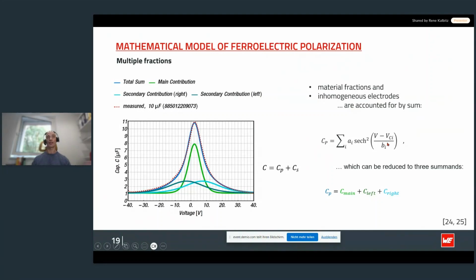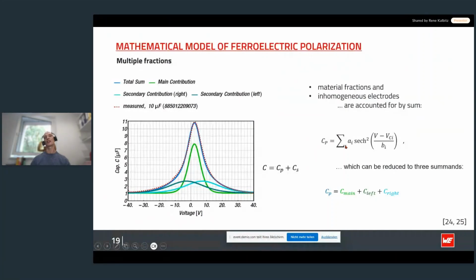Well, we could boil it down actually to three fractions. It turns out that one can find a model that is flexible enough, consisting only of a main fraction and two secondary fractions, as illustrated in the figure here.